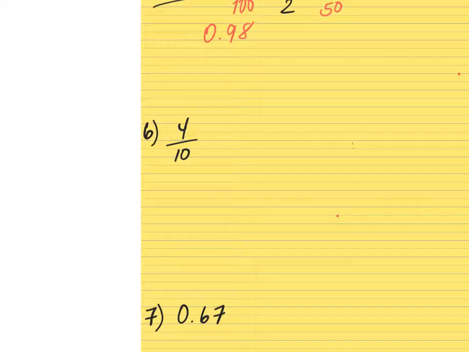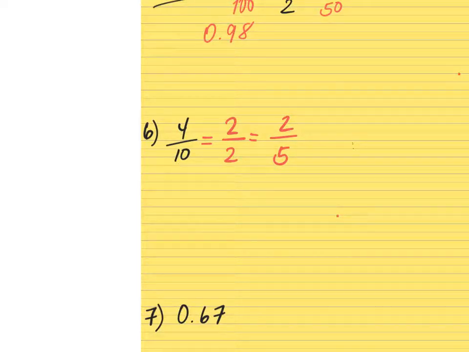With number 6, the situation is easier. You first need to lower the fraction with the greatest common factor. In this case, it's obviously 2. That will give you 2 fifths. So that's the lowest term fraction. That's the first thing.